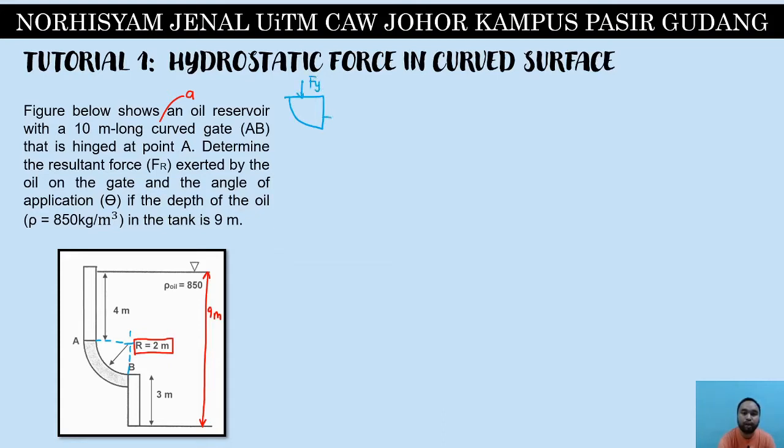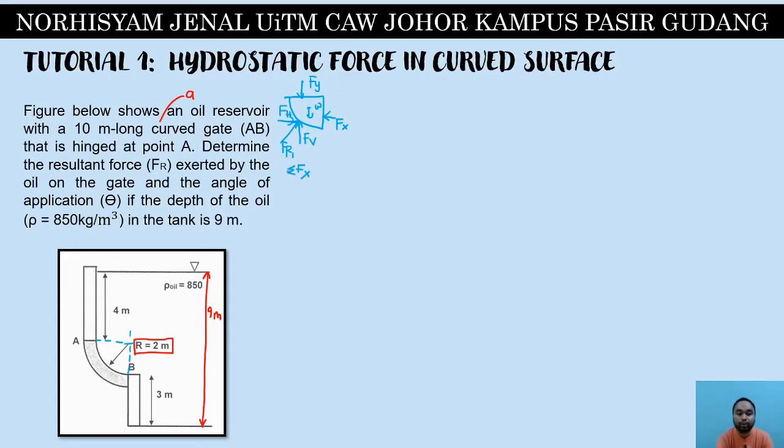Sorry, this is Fy, this is Fx, this is W, this is Fr, this is Fv, and this is Fh. So all together we have 6 of them here.